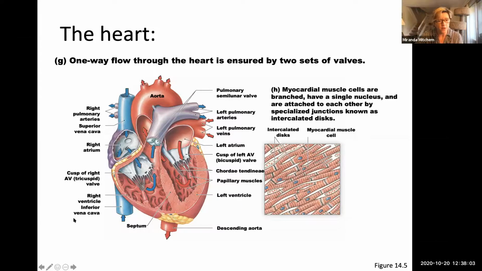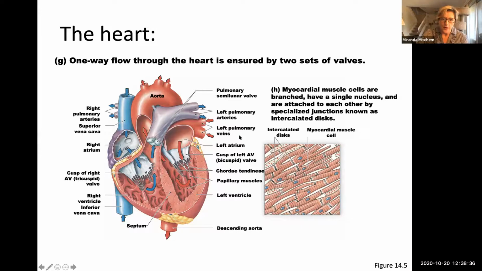So we've got our superior and inferior vena cava that drain into the right atrium. The blood goes through a valve into the right ventricle, where it is then pumped through the coordinated contraction of that ventricle up through another valve, where it then goes out the pulmonary artery.